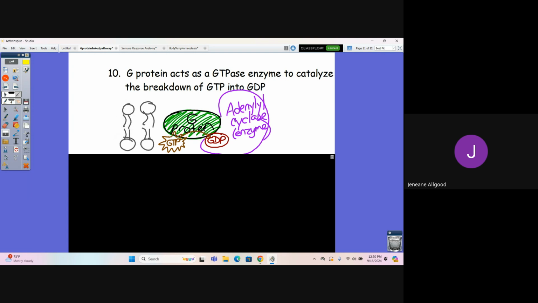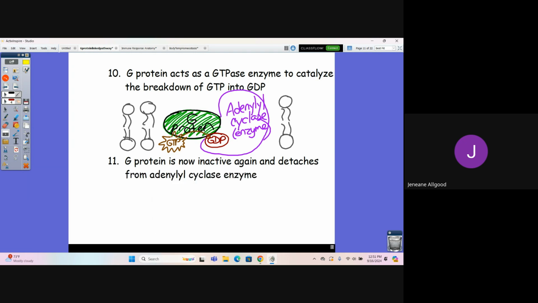Okay, just reminding you that this stuff is all still happening in the cell membrane. Okay, so the G protein is now inactive again. So we can even write, if you want to, that the G protein acts as its own GTPase enzyme. And that's why it's converting GTP to GDP.